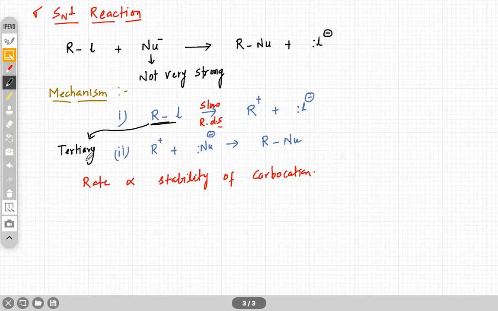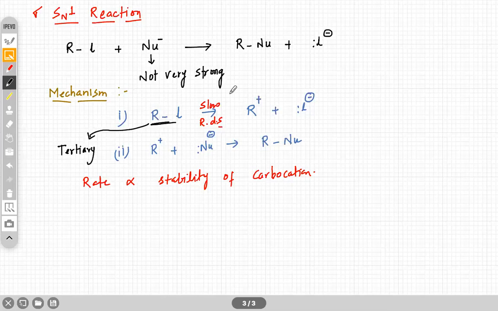We can have other compounds also which give a stable carbocation. If there is a possibility of getting a stable carbocation, then it may go under the SN1 mechanism. With respect to primary, secondary, or tertiary, tertiary is preferred for SN1 type reactions.